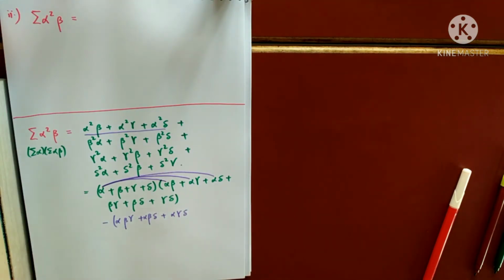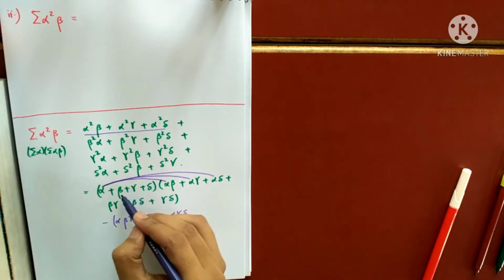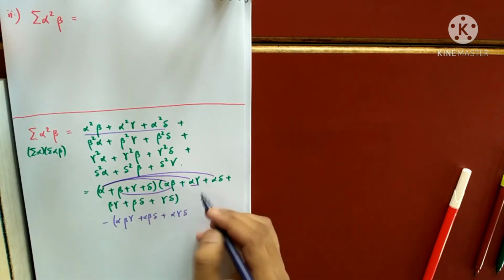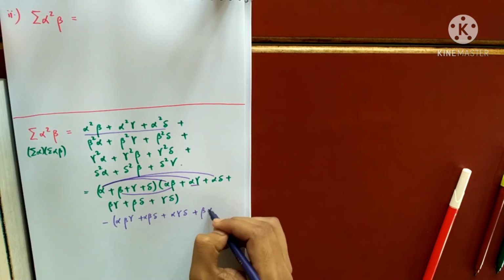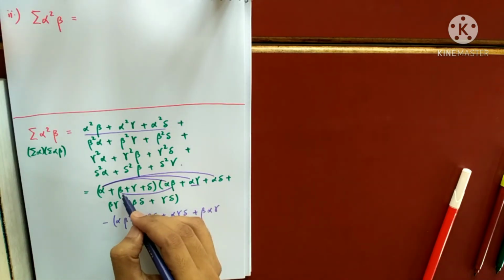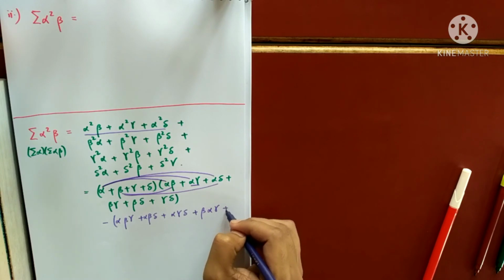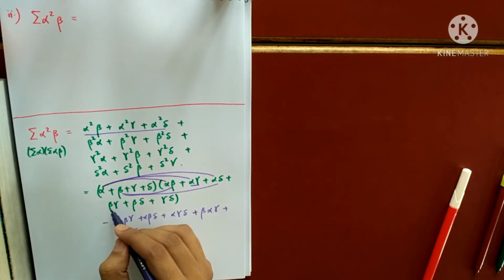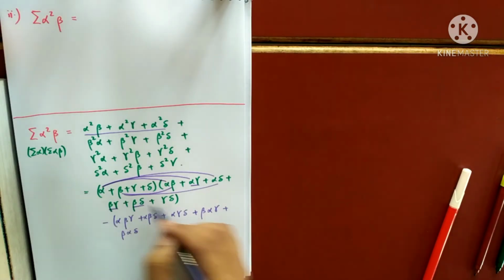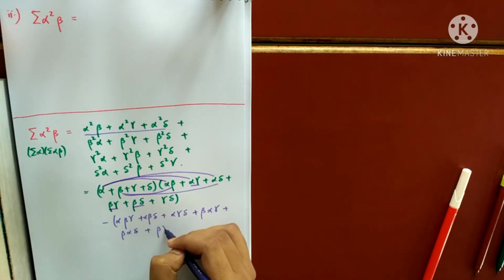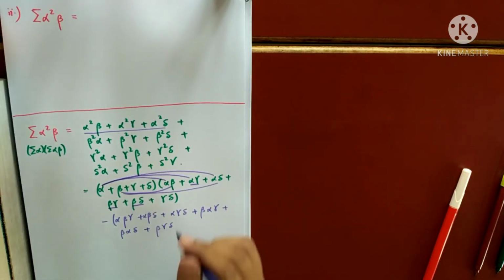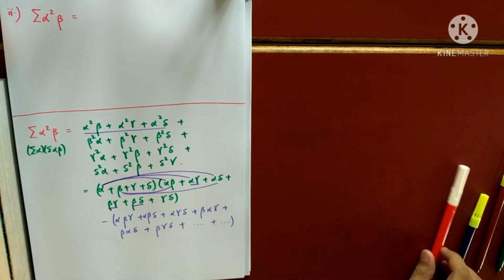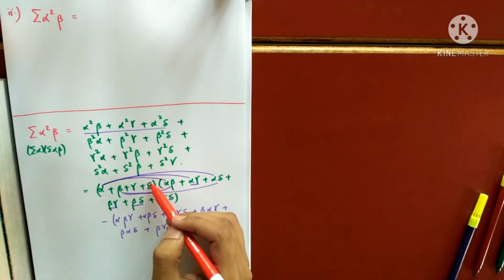Similarly, here beta square alpha is useful, but beta alpha gamma is not useful, plus beta alpha delta, this is useful, and this is not useful, plus beta gamma delta. Similarly, you will get 6 more terms, 3 from here and 3 from this one.